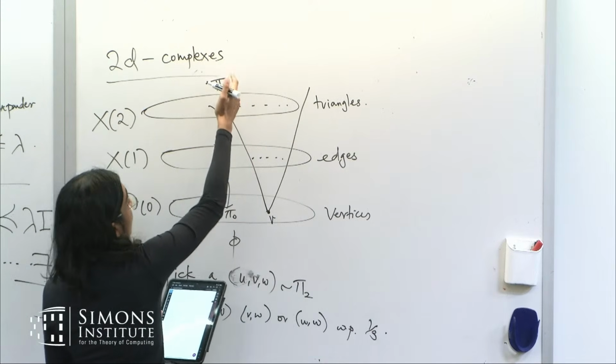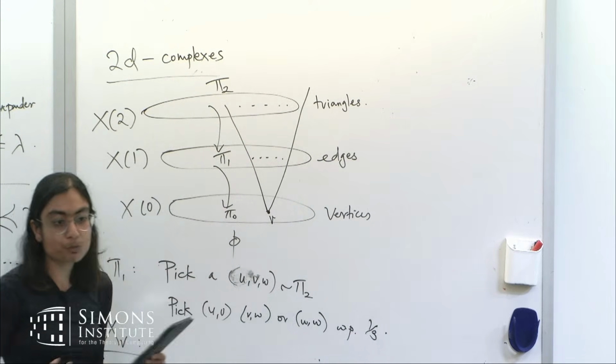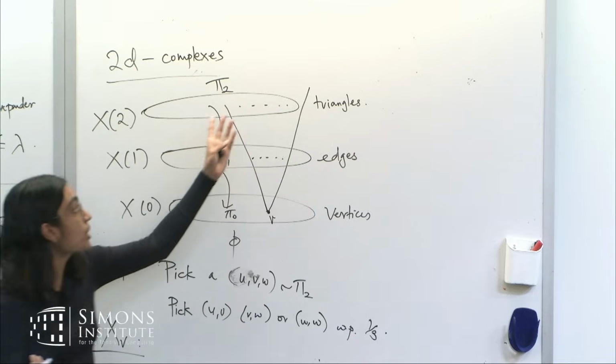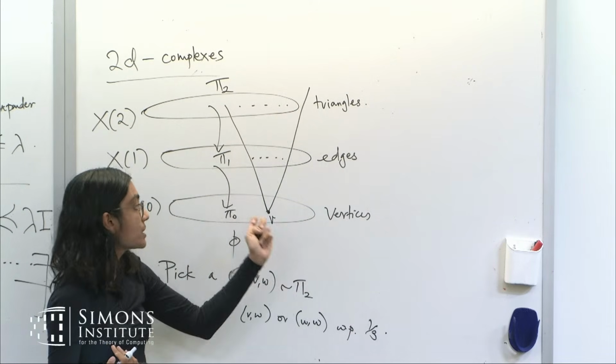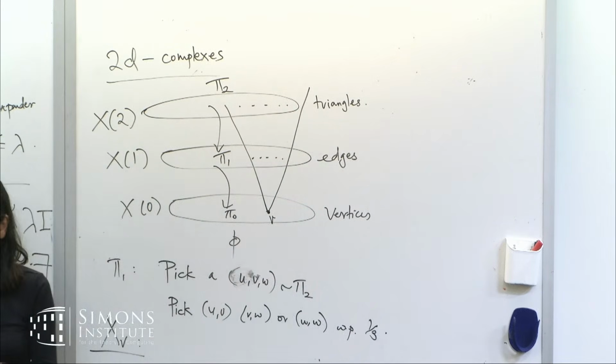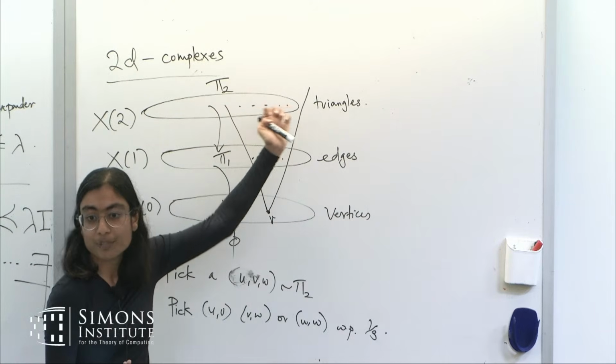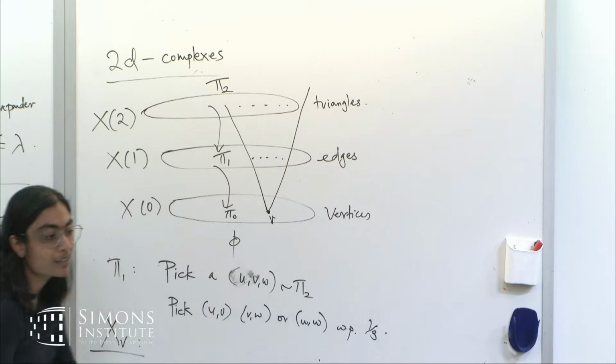So when we think of pi2 as a uniform distribution, can someone say what is the distribution we get over the edges in the link of V? So you will just get back the uniform distribution in the link of V.